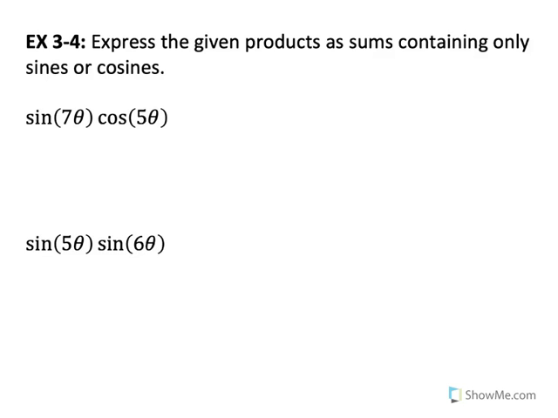Okay, on 3 through 4, it says express the given products as sums containing only sines or cosines. So again, you're going to go back and use those formulas. We have a product here, sine times cosine. So I go to my formula, and I'm just going to replace what I know. So my formula says I take 1/2 of sine of alpha. This will be my alpha. This will be my beta.